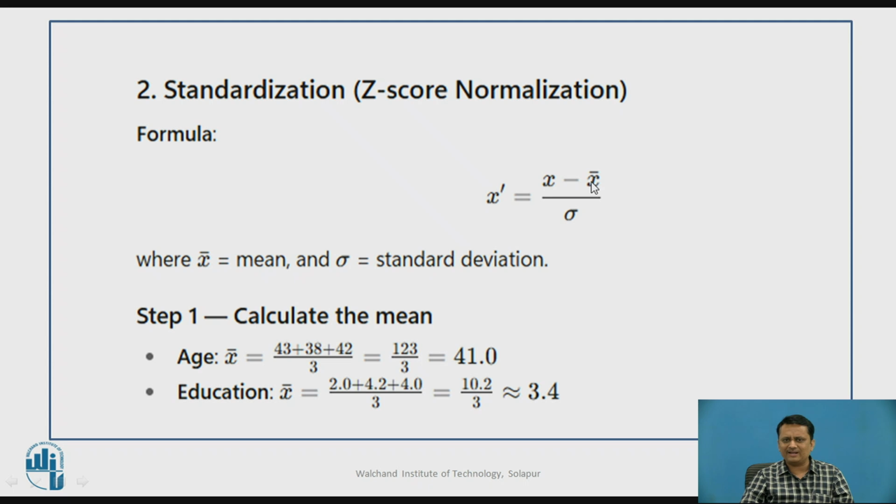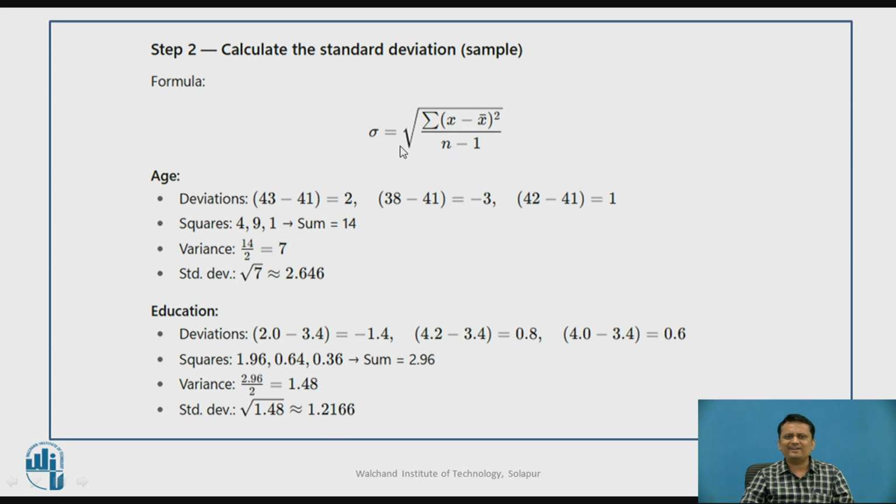Now you need to have the calculations of the standard deviation. This standard deviation is also calculated for both the attributes, for the age as well as education. For age the standard deviation is coming out to be 2.64, and for education it is 1.21. This is the formula for standard deviation.